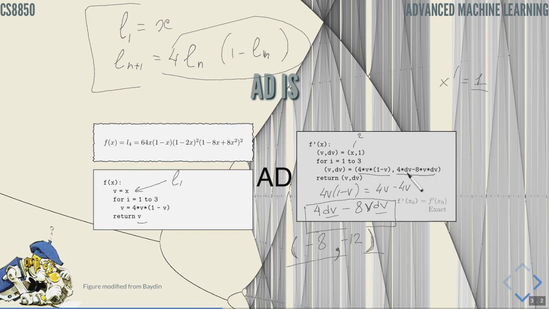So plug in minus 12, minus 8, and minus 12. And keep iterating. In the end, you are returning the numerical value of the derivative together with the value of the function. This is forward mode automatic differentiation.